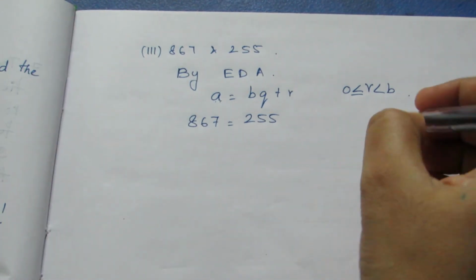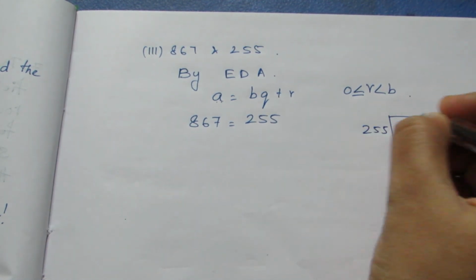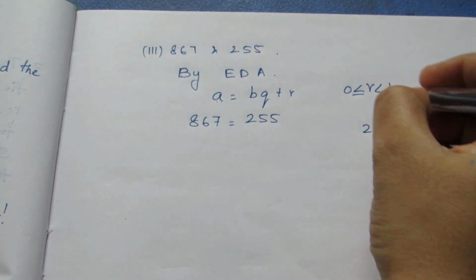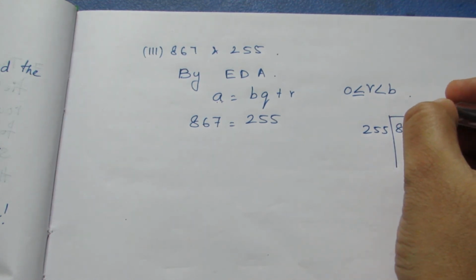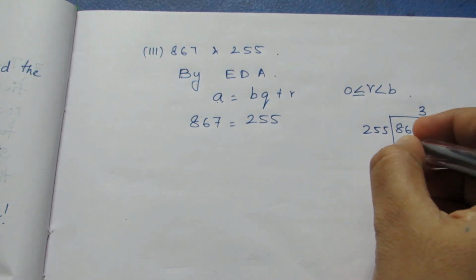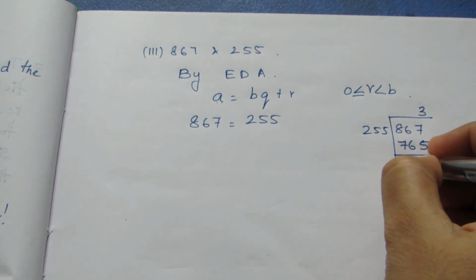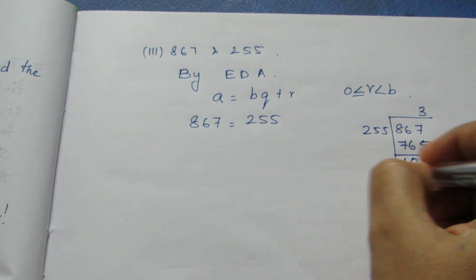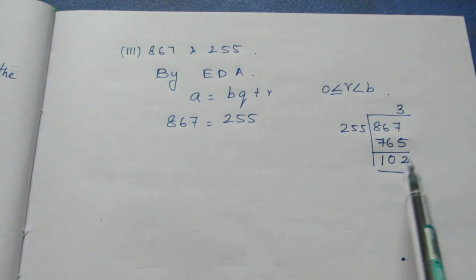Divide and check for quotient and remainder. So 867 divided by 255. 3 times 255 is 765. If I subtract, I get 102. So my quotient will be 3 and my remainder will be 102.